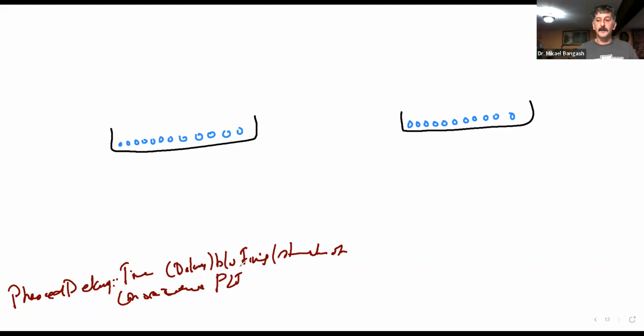So that's going to be a vital factor in determining whether a beam will focus, let's say, at a shallow point or at a deep point.